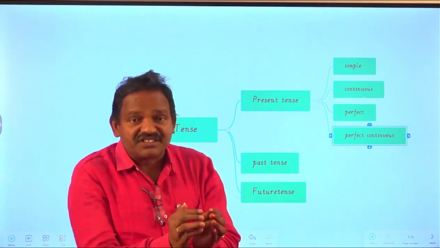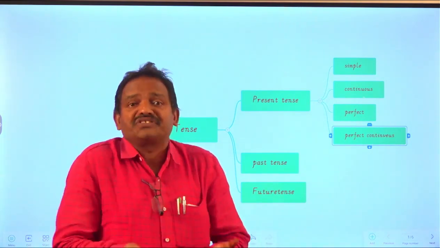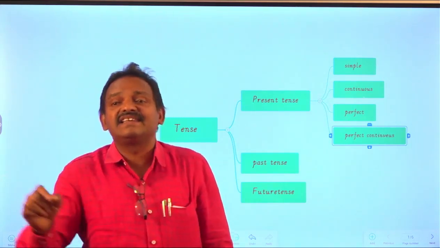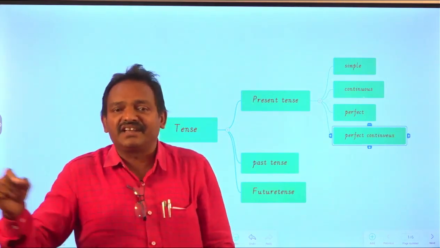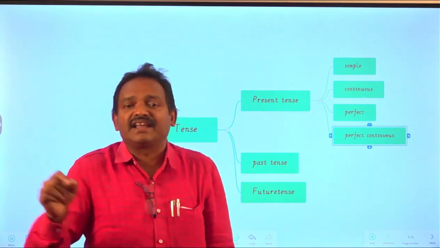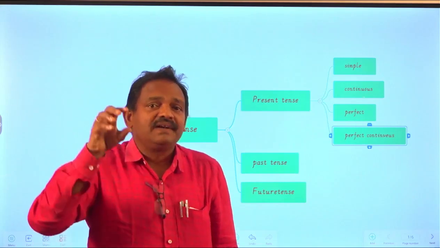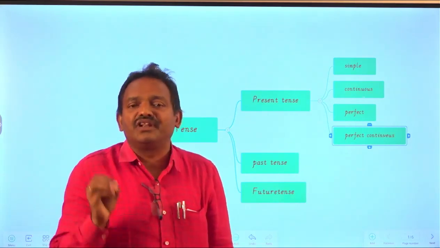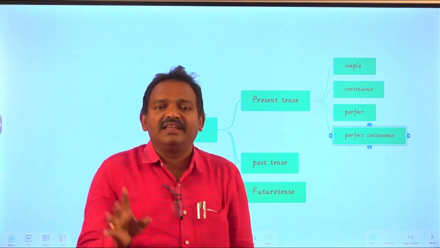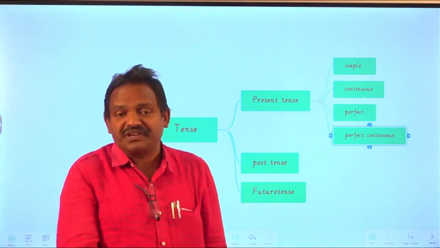If in the place of I, we use a third person singular like he, she, it: "He reads a novel. She reads a novel. She goes to church. She writes a novel." See one thing, the subject is a third person singular number, so automatically the verb takes S or ES. This is the simple present tense.